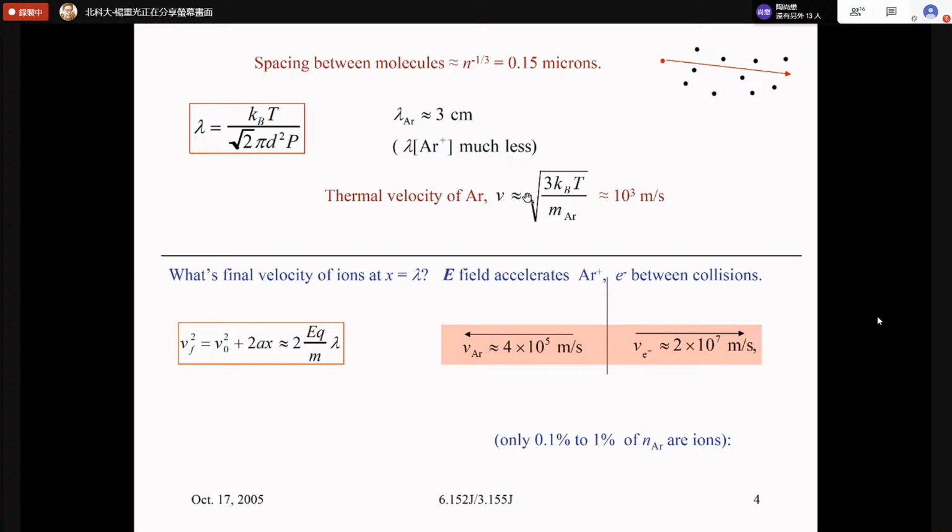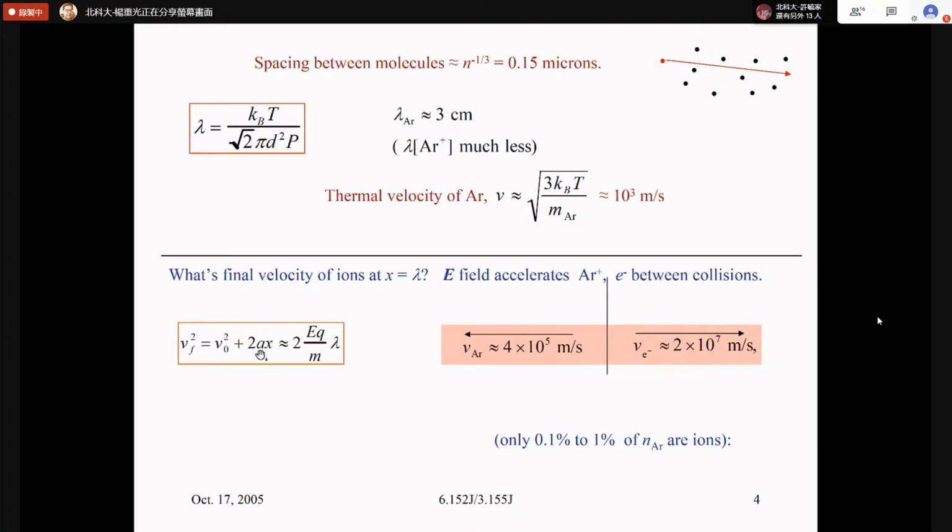So it's very fast for the thermal velocity of argon. So the final velocity of ions at x equal to lambda, we can do a calculation. V final squared equals V0 squared plus 2ax. This is Newton's law.